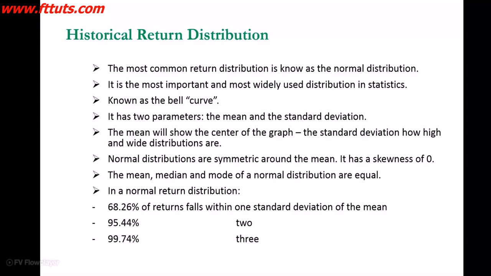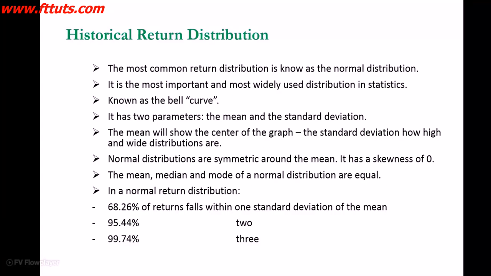So the historical return distribution is the most common return distribution, and it is known as the normal distribution. It is the most important and most widely used distribution in statistics, and it is known, as we will see in the chart later, as the bell curve. It has two parameters, the mean and the standard deviation, and some others that we'll see later, but those two are the most important.